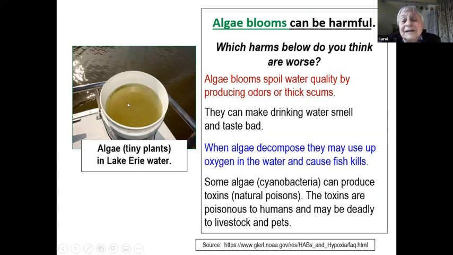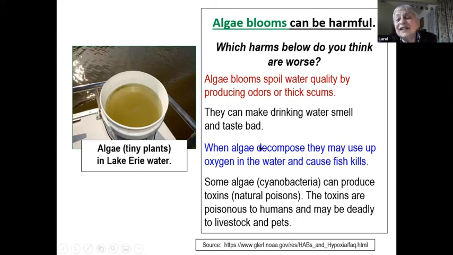How are algae blooms harmful? Well, they make scum that has a terrible odor. Drinking water smells and tastes bad.